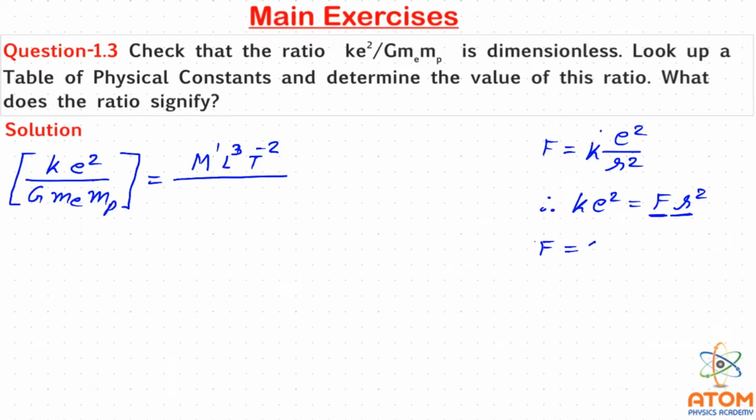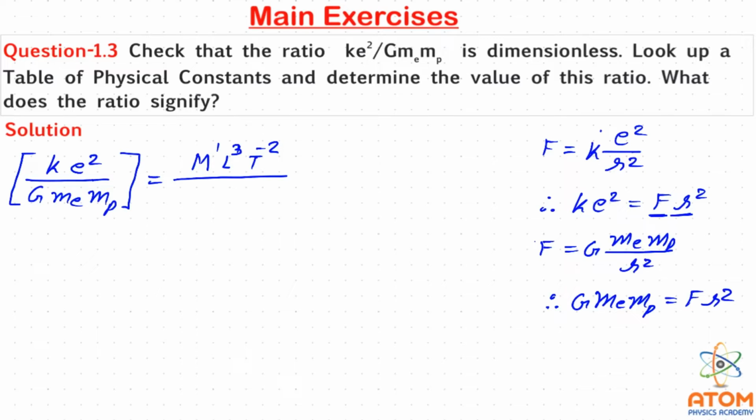we know the equation of gravitational force between electron and proton can be written as G me mp upon r square. So from this you can write G me mp is equal to fr square again.